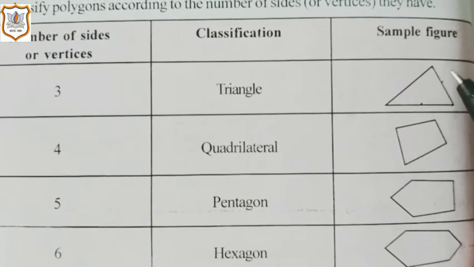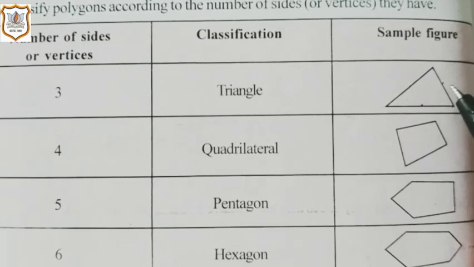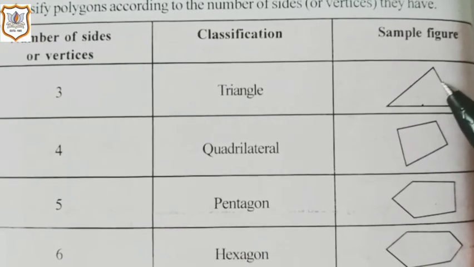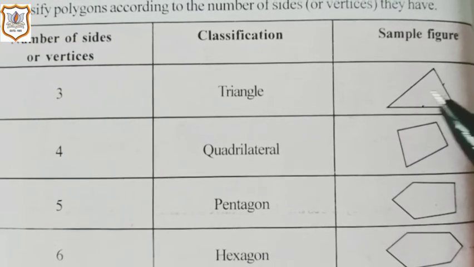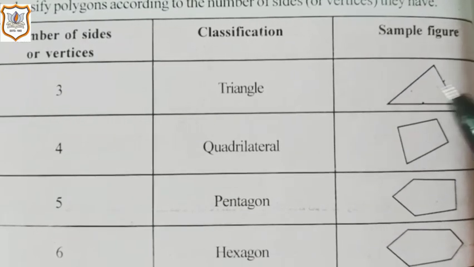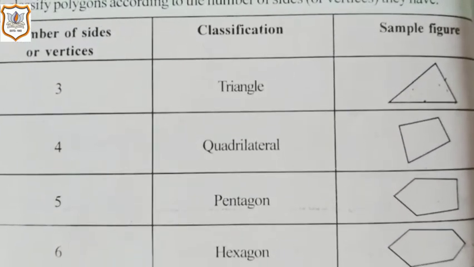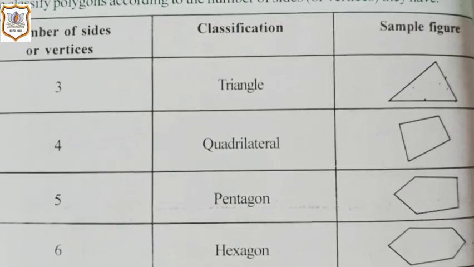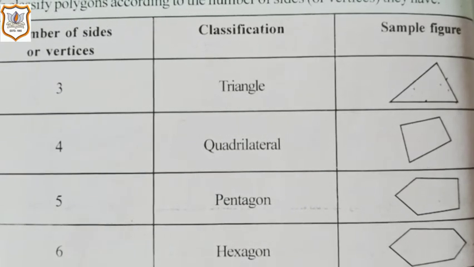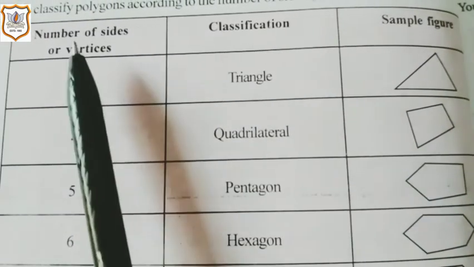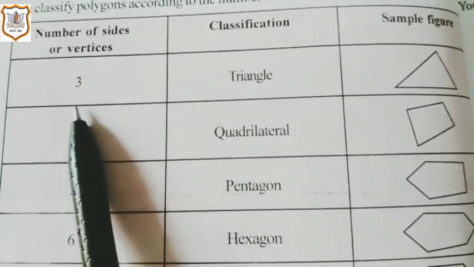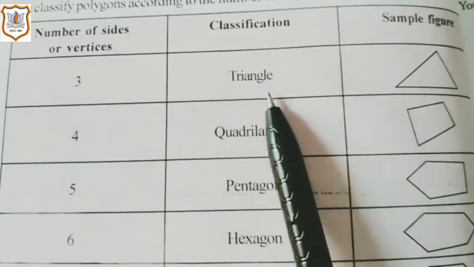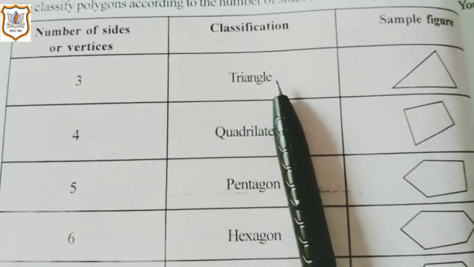So 3 lines and 3 vertices means 3 sides and 3 vertices in this figure. So we can say that a side means a straight line and vertices means corners of a polygon. So the number of sides or vertices is 3. So this is a triangle.